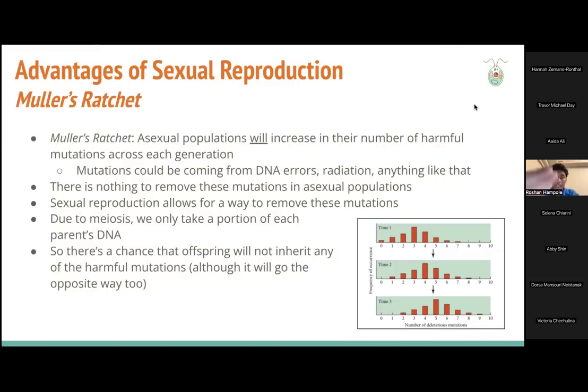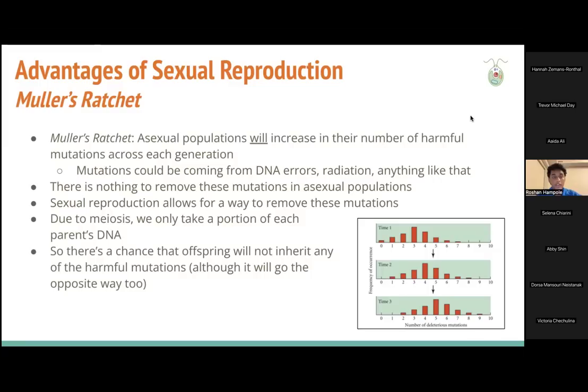Then when they reproduce, they clone themselves and pass down their entire genome, along with these mutations. The same thing happens with the offspring. They accumulate more mutations, pass them down, and it keeps continuing.